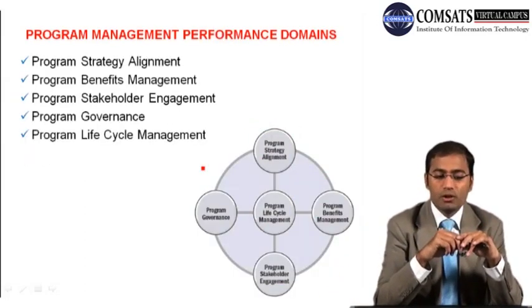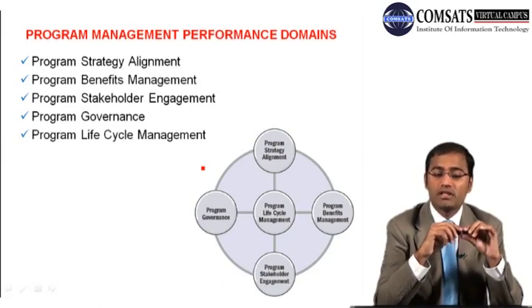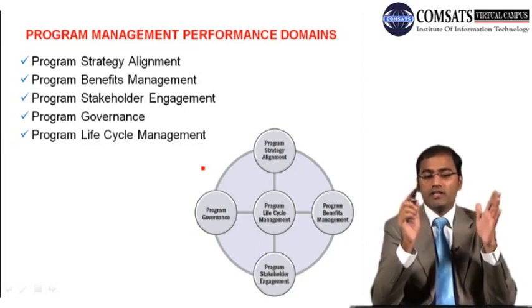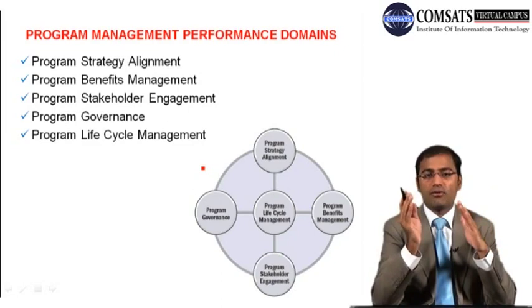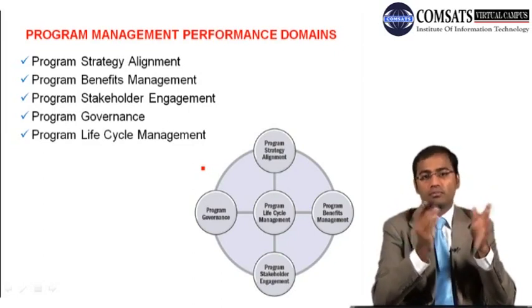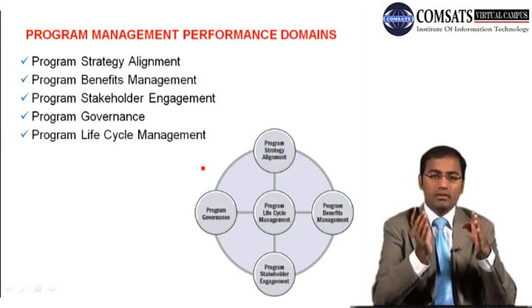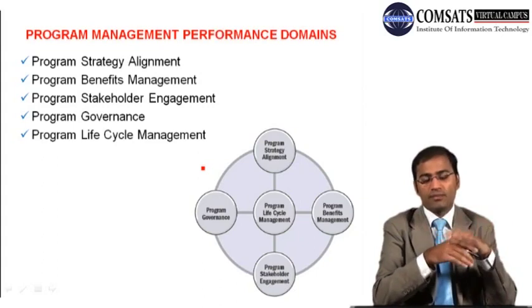So these are the domains, 5 of them, and you can see them. First of them is program strategy alignment. Organizations come into existence for some reason, for some purpose, and they strive to achieve the goals or objectives they have set.